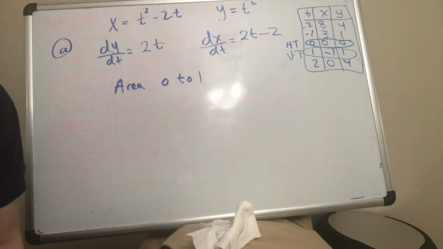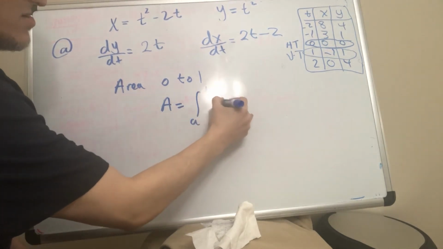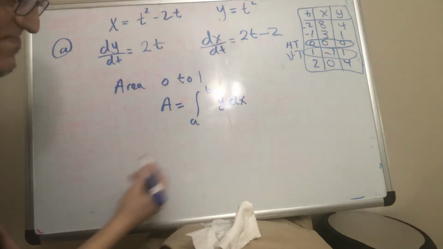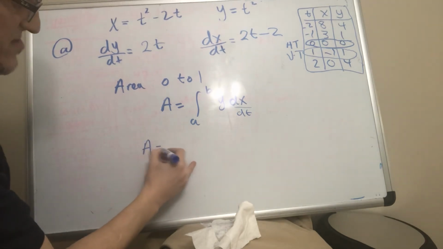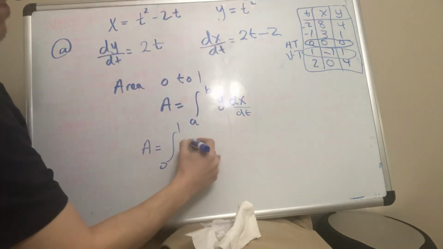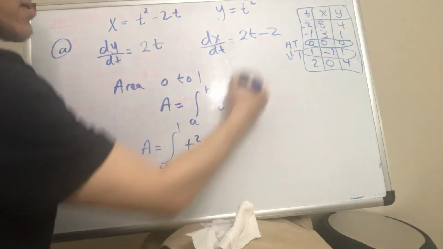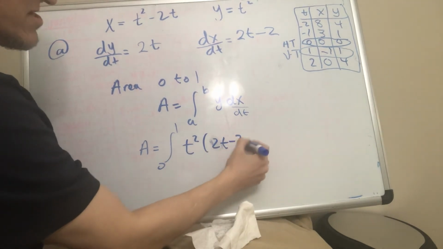Now, under a parametric curve, the area formula that we actually use is you go from a to b, y dx, well, of course, dx over dt dt. So they want you to go from 0 to 1. You put the y equation, and you put dx, which is 2t minus 2 dt.